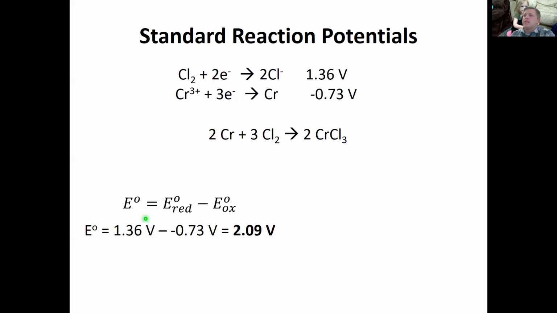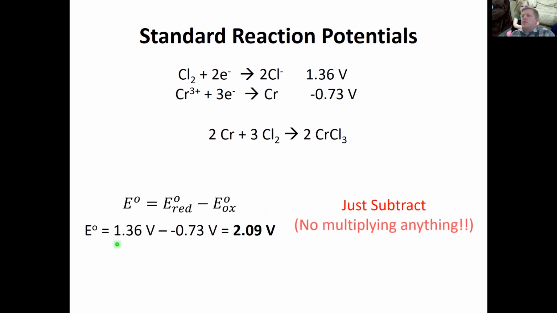So in other words, you take the bigger number up here, or the more positive, subtract the more negative number, and you'll get your reaction potential there. You'll notice that I just subtracted here. I didn't multiply any of these numbers. For the standard reaction potential, you do not need to multiply any numbers. Okay, it's just taking the differences there.